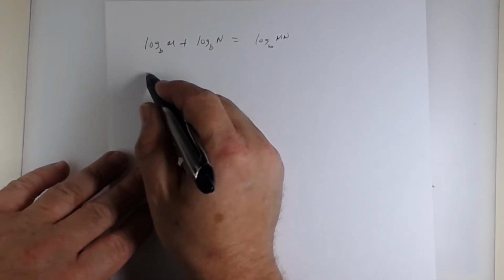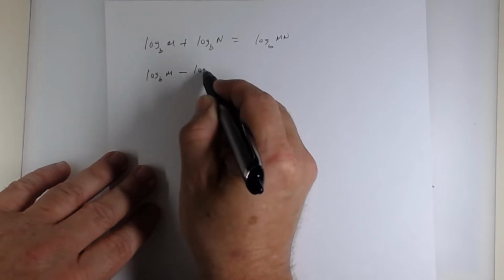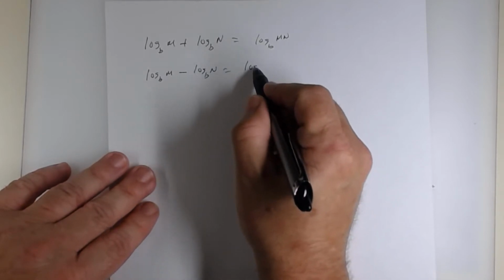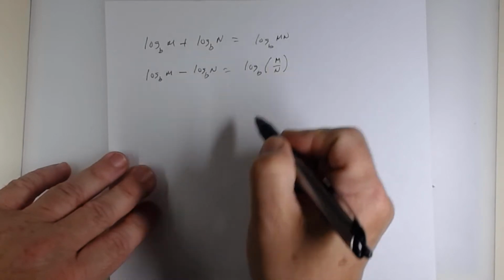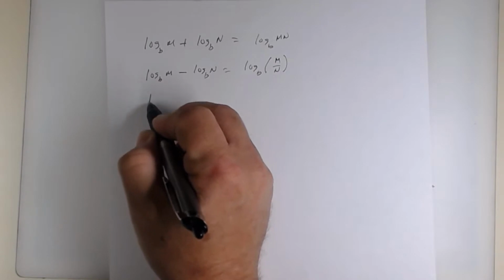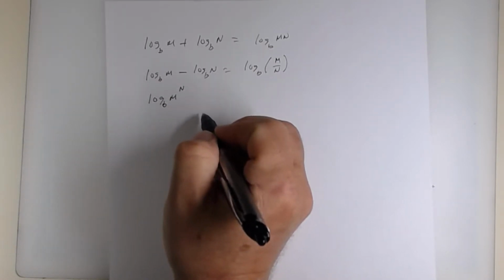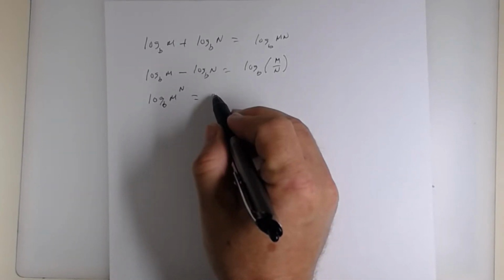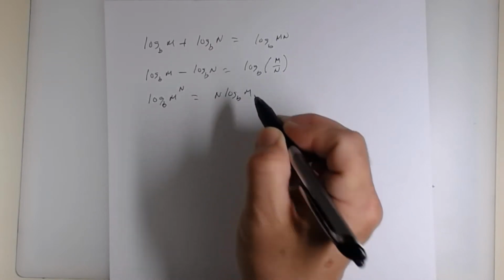What if you had the log base b of m minus the log base b of n? The quotient rule, so you write this as the log base b of m divided by n. And the log base b of m to the n power is just n log base b of m, the power rule.